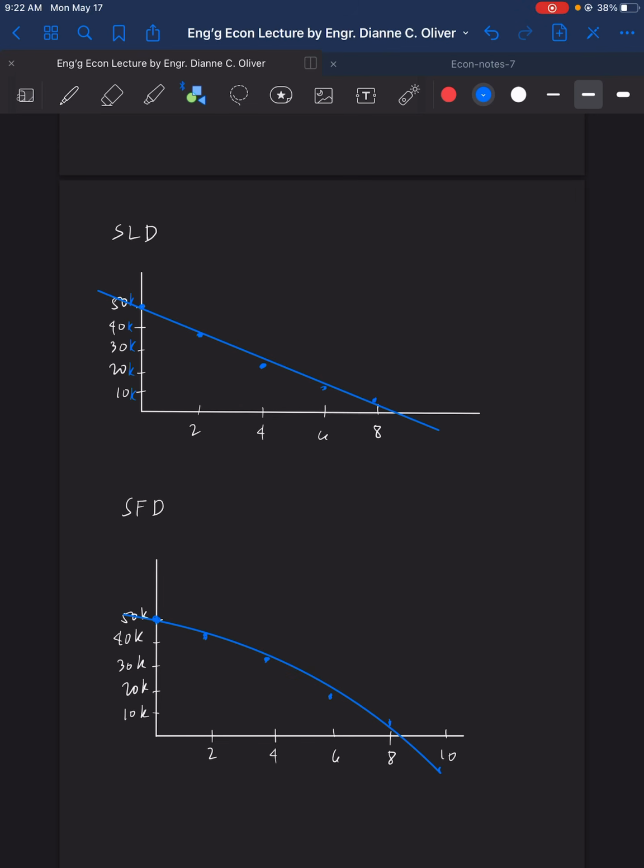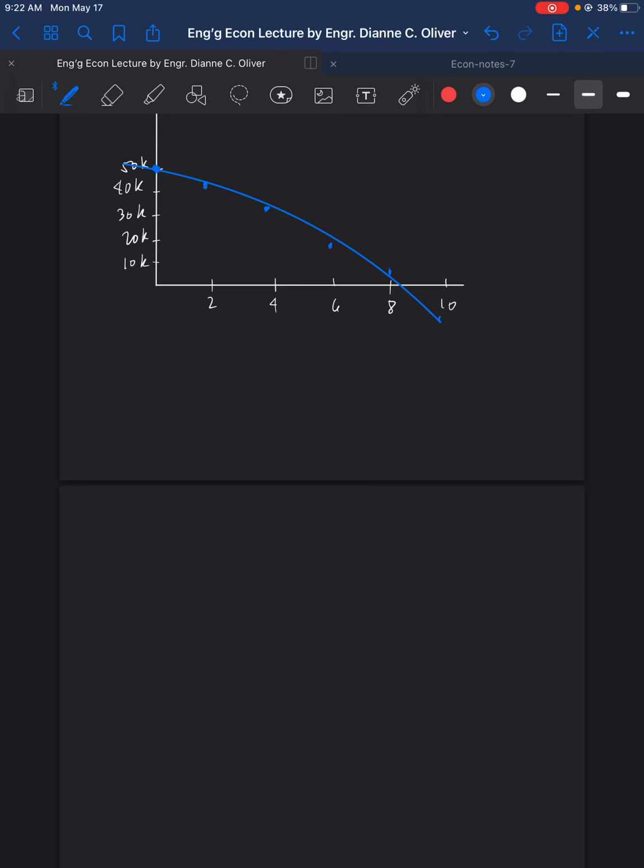Then, how about the sum of years digit method? The SOYD method. So this is 10K, 20K, 30K, 40K, and 50K. We have 2, 4, 6, 8.